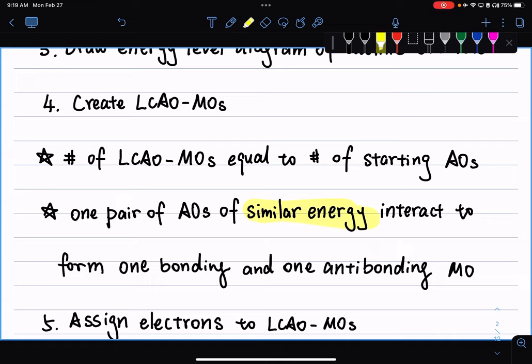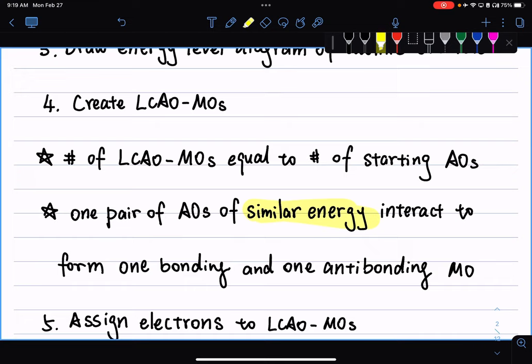Or they can interact in a destructive fashion, and that creates a node. And that's why it is a sigma star anti-bonding molecular orbital. So we start from two atomic orbitals, the 1s of hydrogen and 2pz of fluorine, and we end up with a pair of bonding and anti-bonding MOs. So that's the first step.